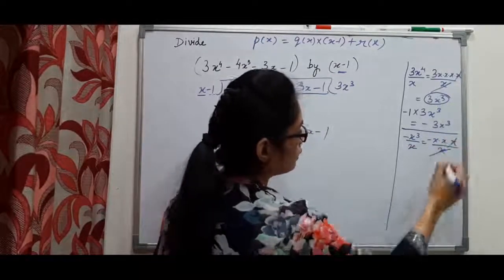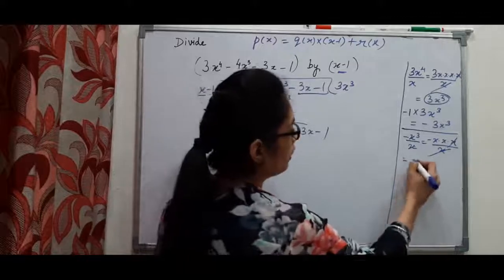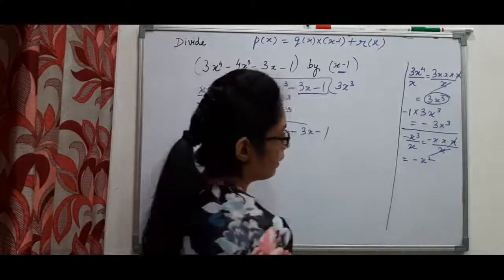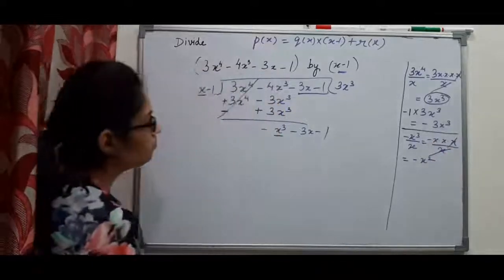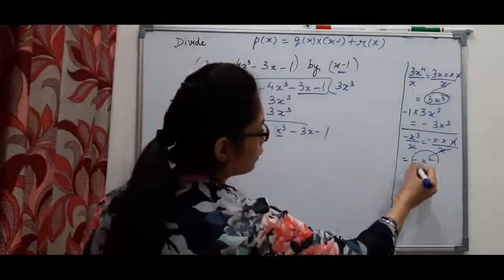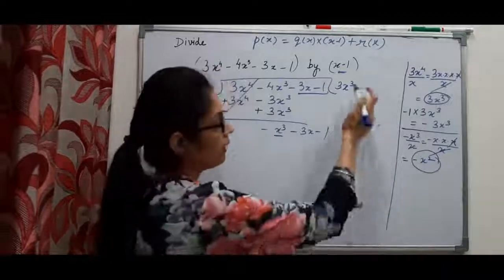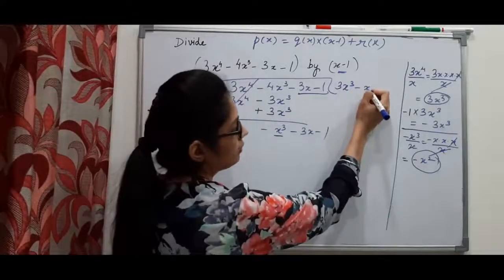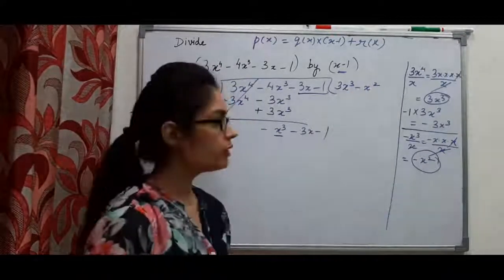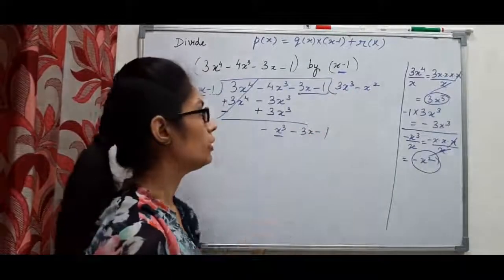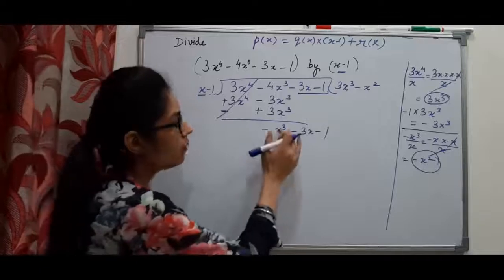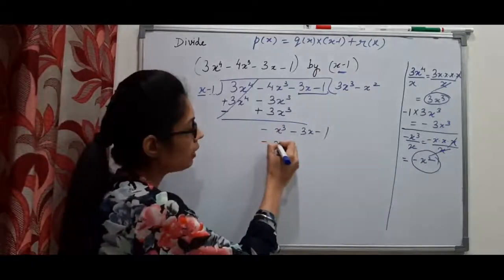X and x, it will get cancelled, so I am left with minus x square. So now this term again I have to write here, minus x square. So whichever answer you are getting here, you have to write that answer in quotient. This term always, first term, same term you have to write.